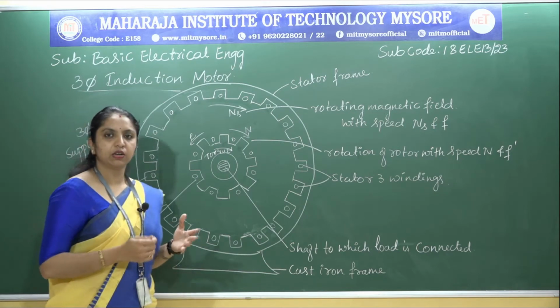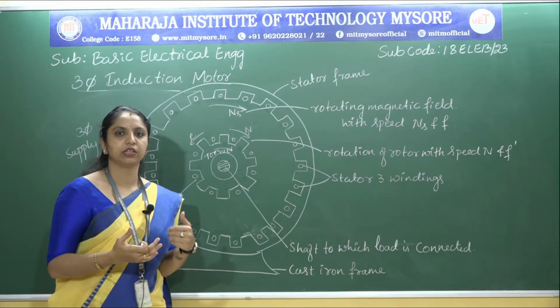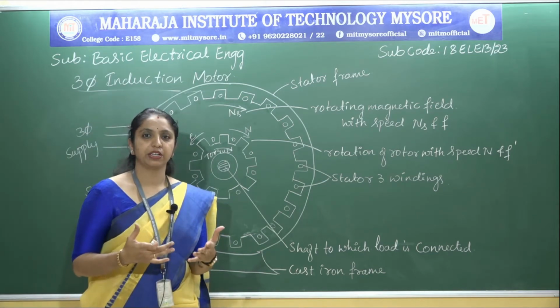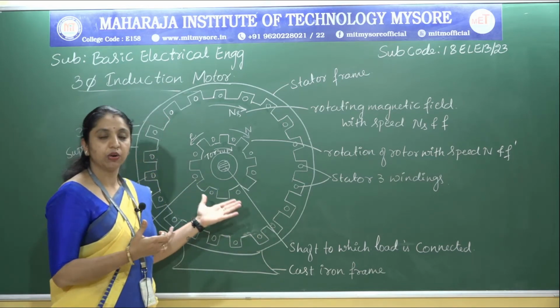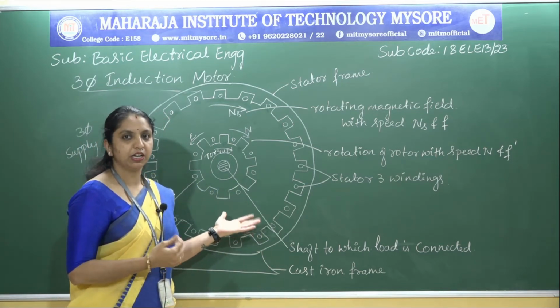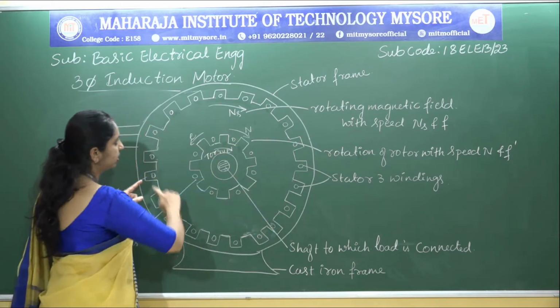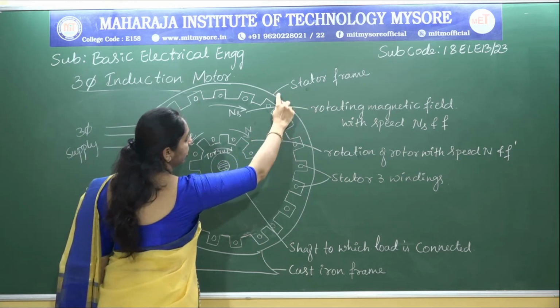The stator core is made with high grade silicon steel, and a large number of axial slots are cut around the inner periphery of the stator core. As I have already indicated, this is the stator part, and here you can see the stator frame, right?